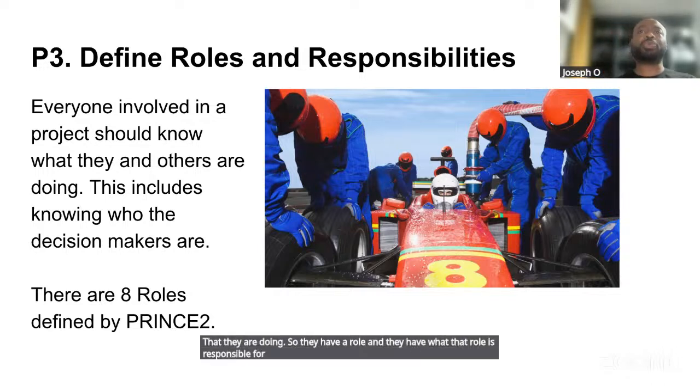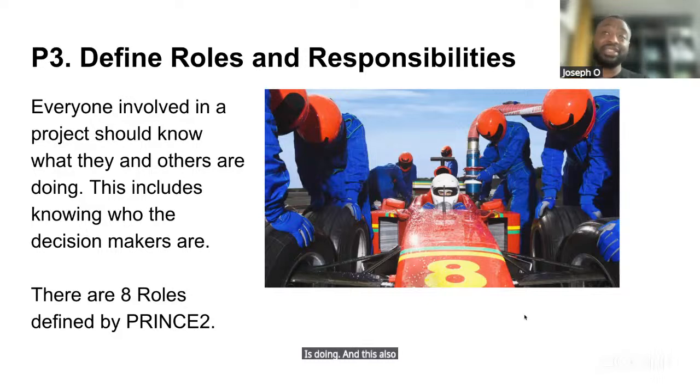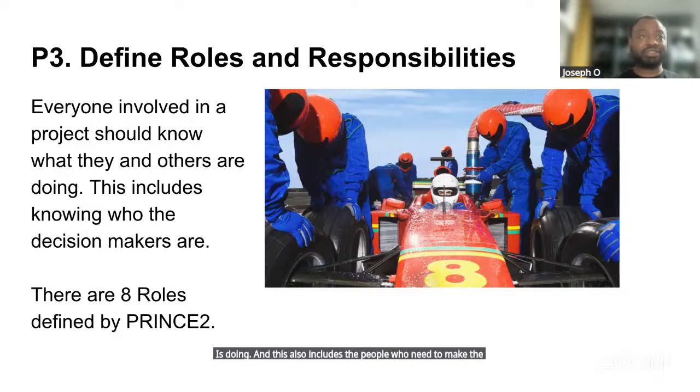With Prince 2 and in successful project management, everyone in the project needs to be involved, and they need to know what they're doing and what everyone else is doing. This also includes the people who need to make the decisions within the projects.